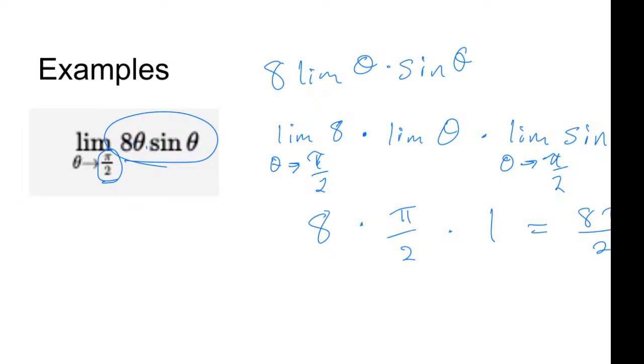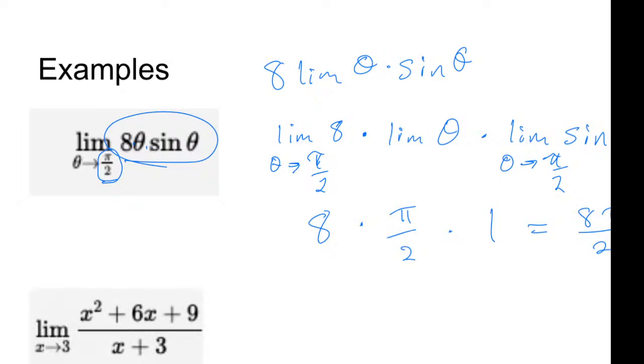Yeah, exactly. We could have looked at that and said all of these exist at pi over 2 and it's continuous. So let me just put it all in, figure it out, and then I've got a constant. What's the limit? It's 4 pi. So yeah, exactly. Multiple ways of doing things.